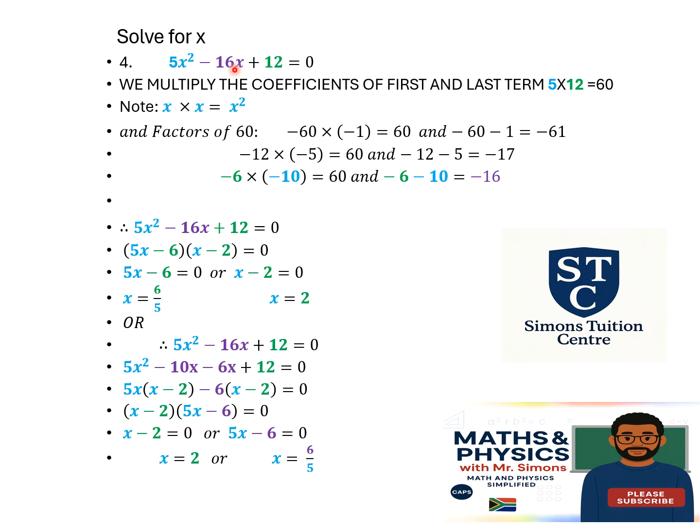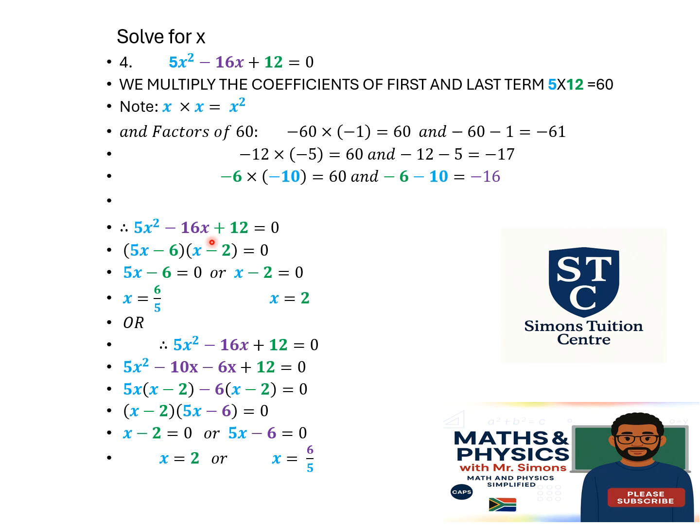Now you can see negative 6 goes directly in 12, so for 12 I have negative 6. But negative 6 times what would give me positive 12? Negative 6 times negative 2 gives me positive 12. And then 5x, 5 is a prime number, so it can only be 5 and 1. So 5 times 1 gives me 5.